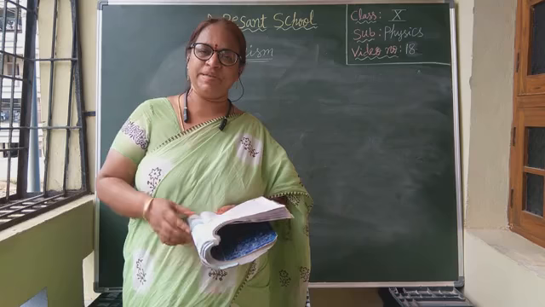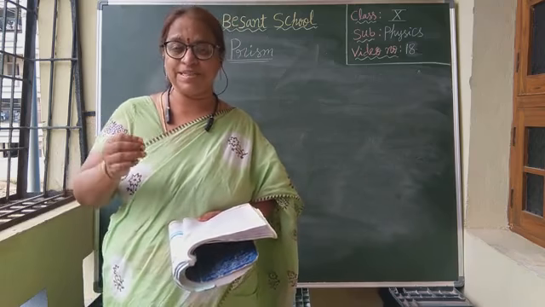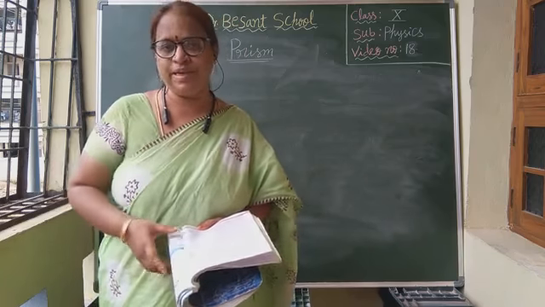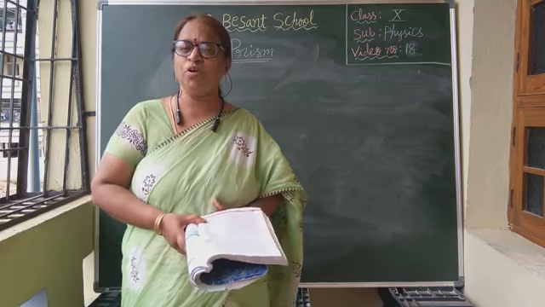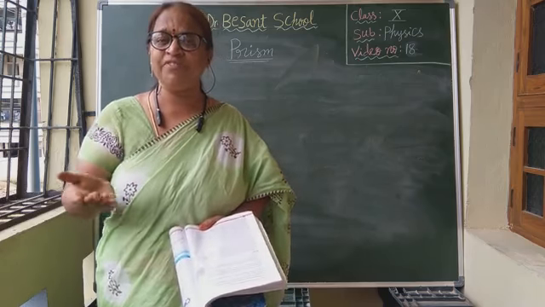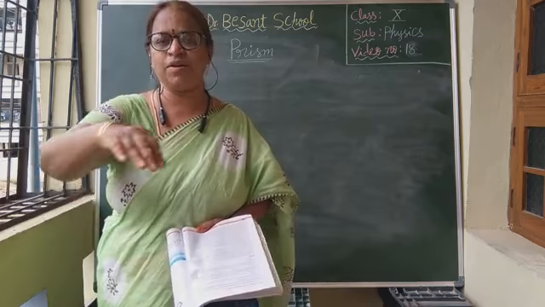So a prism is a transparent medium because it is allowing the light to pass through it, which is separated from the surrounding medium. Separated in what way? Difference in the refraction of light from the surrounding medium.